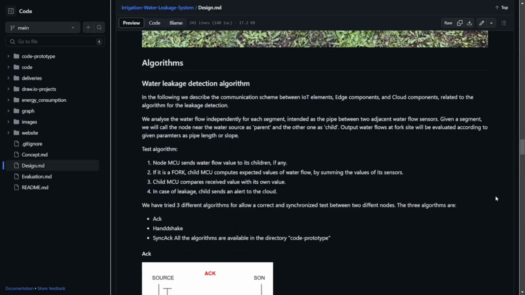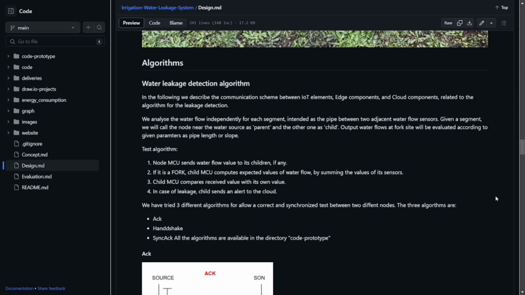Following from the discussion on how to detect a leakage, we have implemented this algorithm. The node near the source sends the water flow value to its children, if any. The child computes the value of the water flow by summing the values of its sensors. The child compares the received value with its own value.